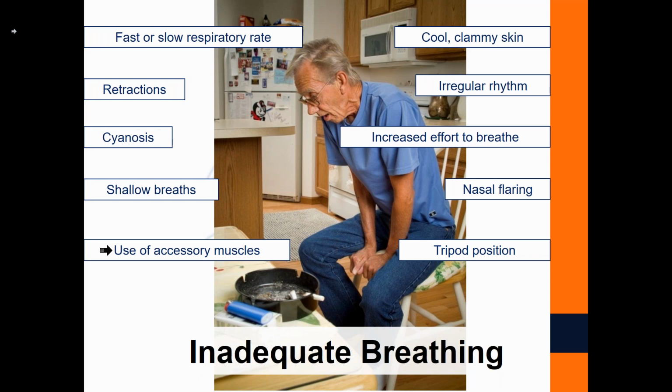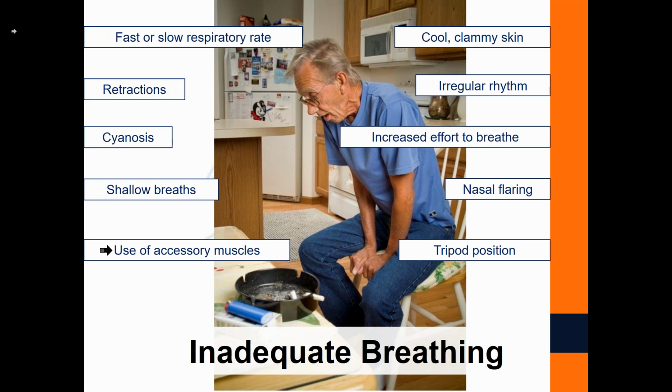Because if you start to notice things like, my patient is breathing really fast and the breaths are really shallow, so I know they're inadequate, but now I'm starting to see this guy fighting to actually breathe, and we're seeing real big retractions, or contractions around places that aren't normally responsible for breathing.